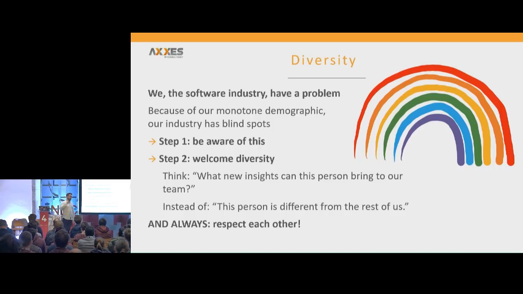And you will get a more diverse team, and everything will work way better. So what I want you all to do when you're hiring your next person is to think about this and make a conscious choice to hire the person that adds something to your team that you don't already have. Just respect each other, you will be fine. Don't apologize for being a white guy, I am one as well. But you have to be aware of this problem.